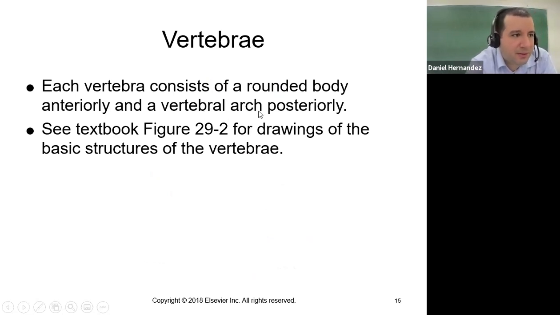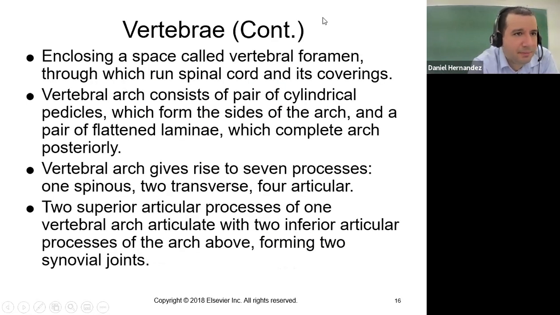Each vertebra consists of a rounded body anteriorly and a vertebral arch posteriorly, enclosing a space called the vertebral foramen, through which run the spinal cord and its covering. The vertebral arch consists of a pair of cylindrical pedicles, which form the sides of the arch, and a pair of flattened laminae, which complete the arch posteriorly.